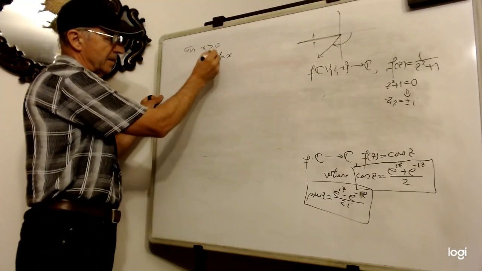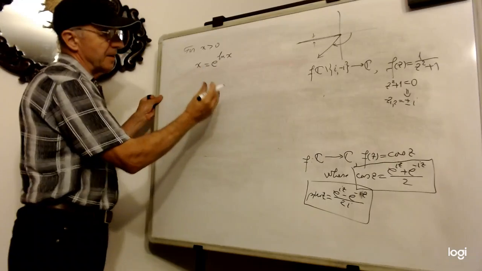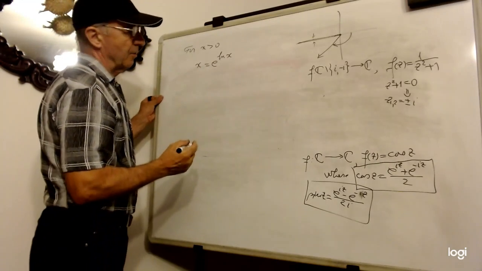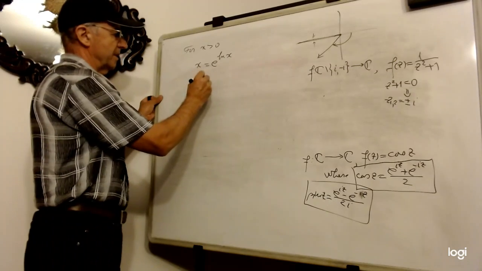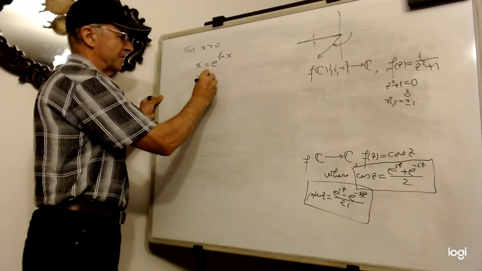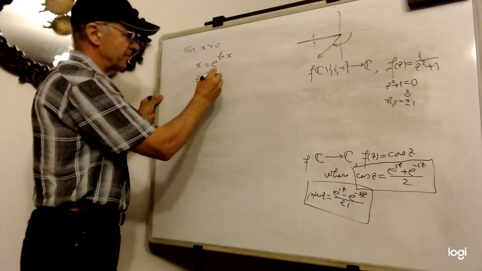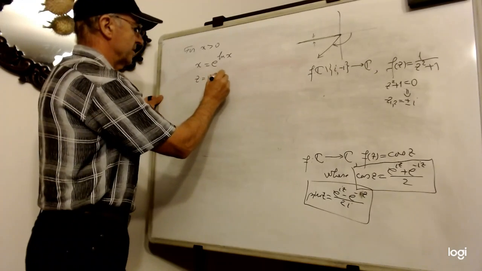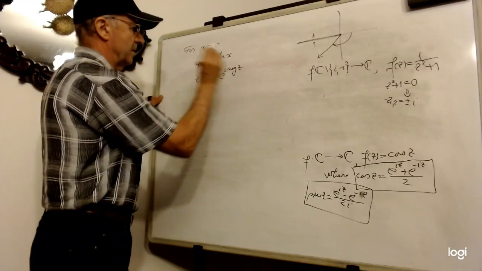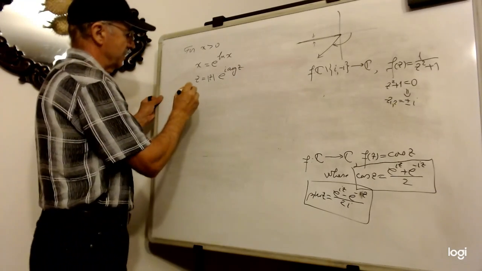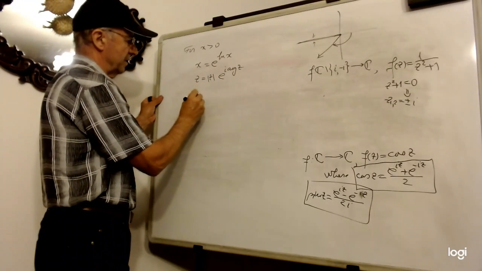If we try to identify the inverse of the complex exponential for a z, we have already obtained that z is modulus of z times exponential i argument of z.